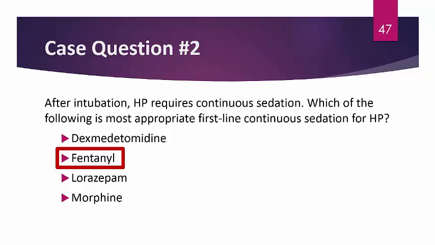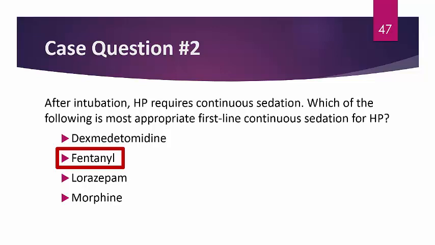Dexmedetomidine would not be appropriate for this patient first because this patient has not undergone analgesia first. As long as this patient receives analgesia first as first-line continuous sedation, and if they're not sedated after that point, then you can use dexmedetomidine or Precedex.